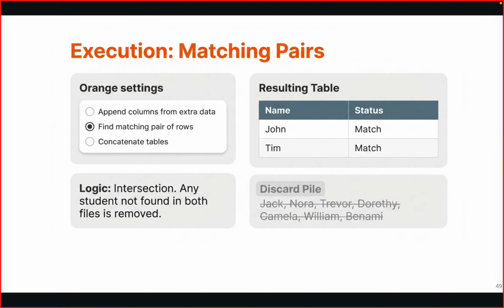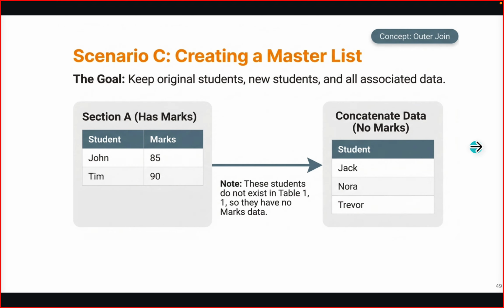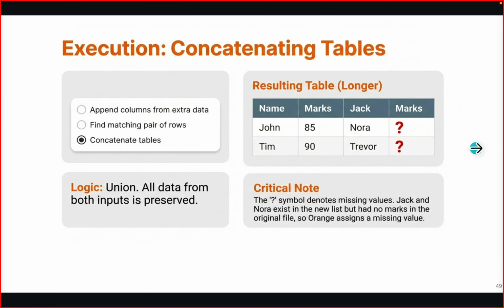So we can use the matching pair, match the name. We will ignore unmatched names. And concatenate, create a master list, keep original students and all associated data. It's called concatenate. This concatenate is different from the other widget called concatenate. This one is called merge. Let's try concatenate table.